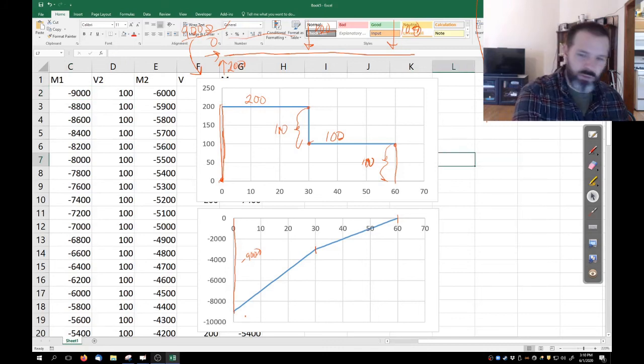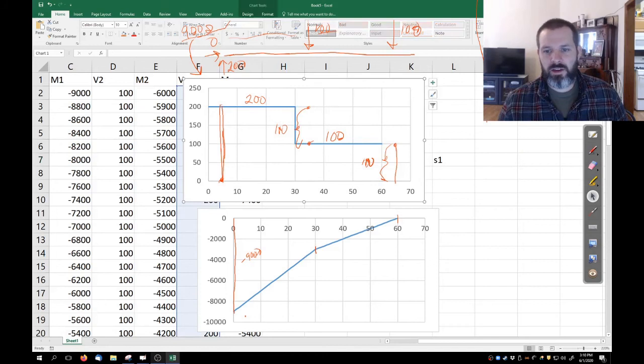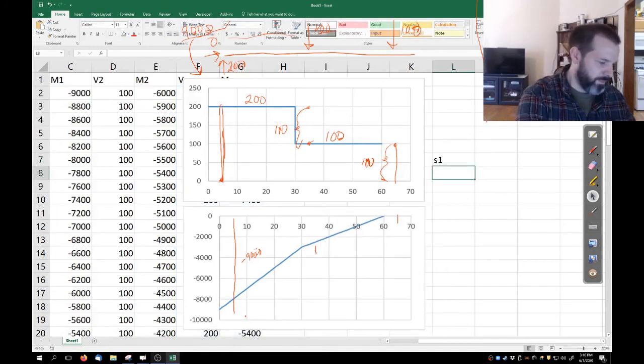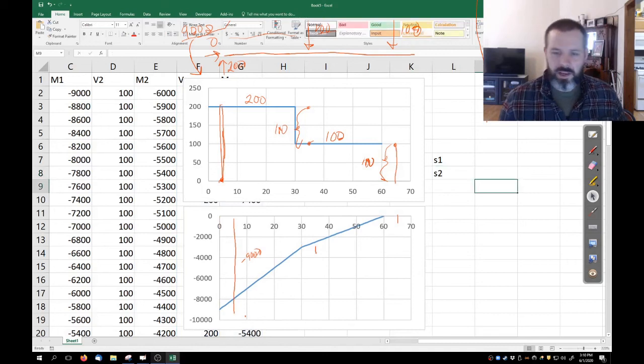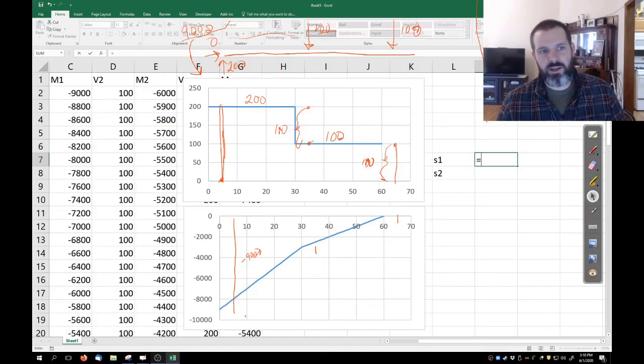We'll call them S1 and S2. S1 is going to be equal to, and we can use any points on the line, the change in y over the change in x.